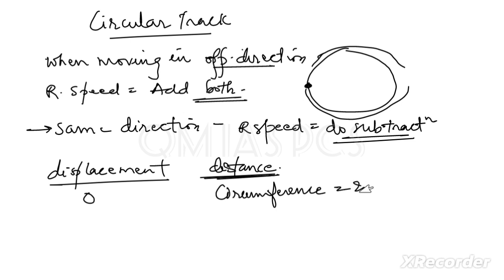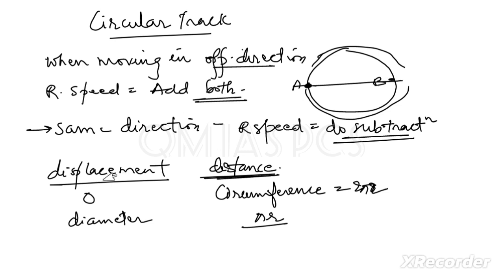Circumference is equal to 2 pi r. If that person moves from point A to point B, the displacement will be the diameter, but the distance will be pi r, half the circumference.